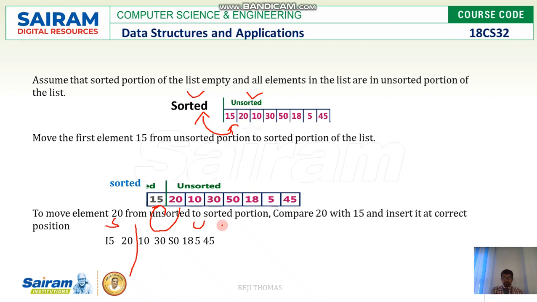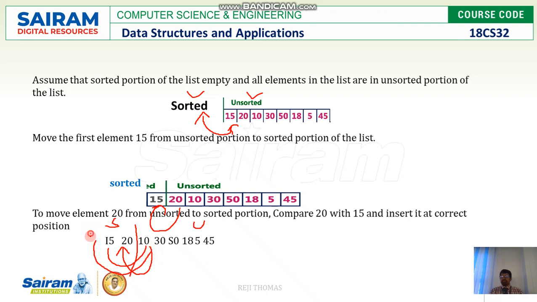Now again you have to repeat with the next element. You have to find the next unsorted element in the array and place it in the right place. Can I place it here? No, because 10 is lesser than 20. So this is not the right place. Then I will compare it with 15. Again, 10 is lesser than 15. I cannot place it here. So I will go to the next position.